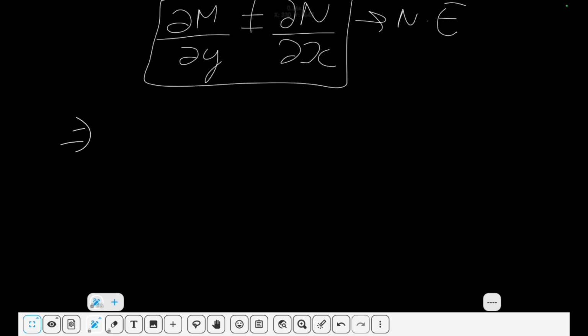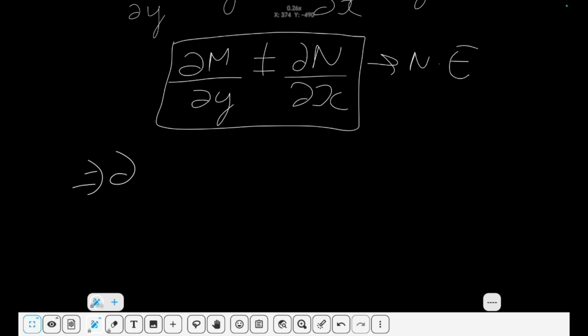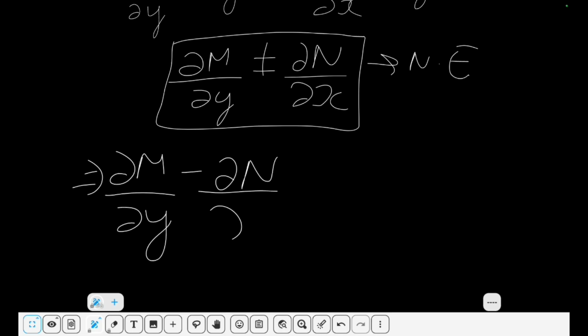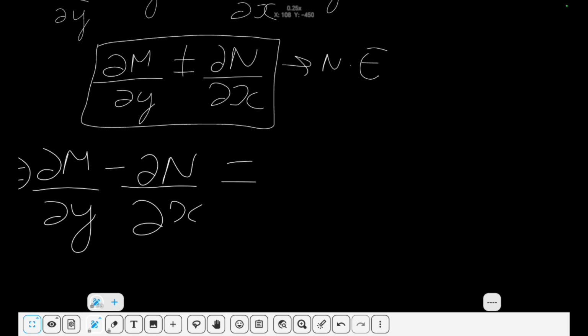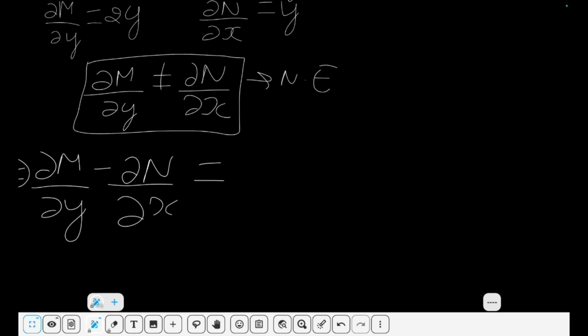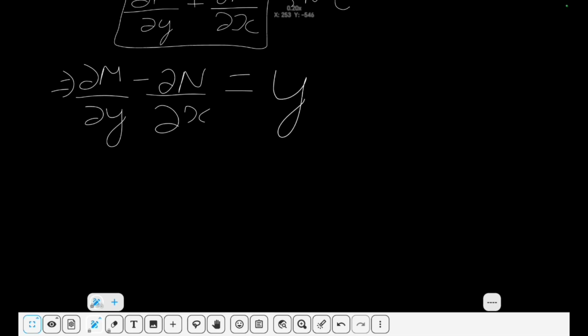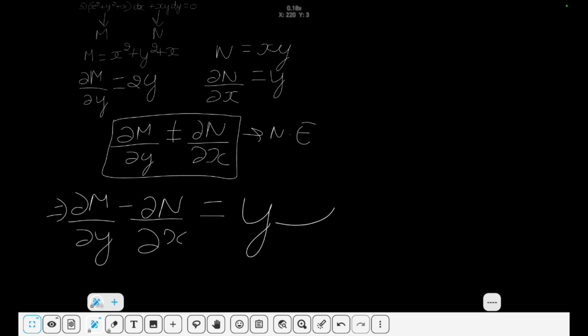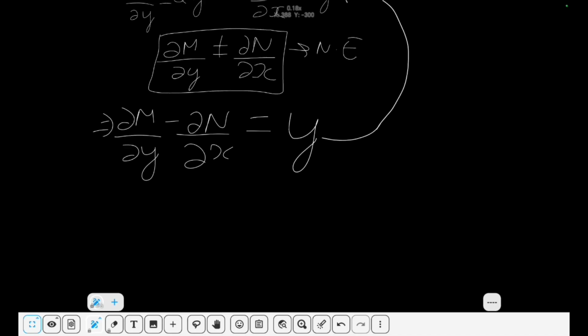Now let us subtract ∂M/∂y minus ∂N/∂x in order to get the exact form. We are doing the calculation now, so that would give me 2y minus y would be y, and so this y is very close to this part, that is ∂N/∂x.